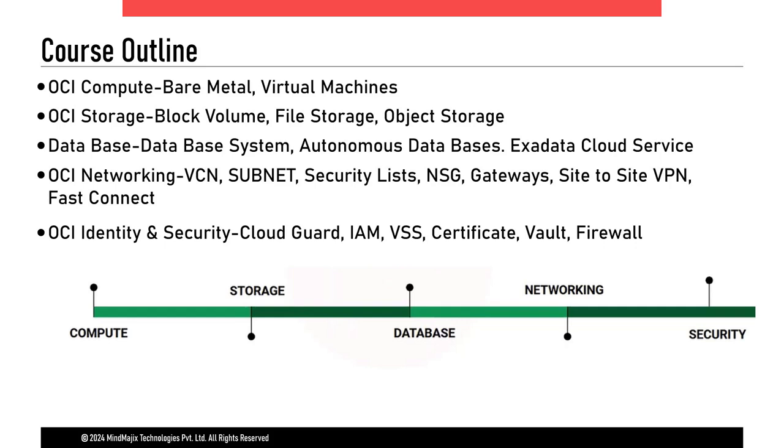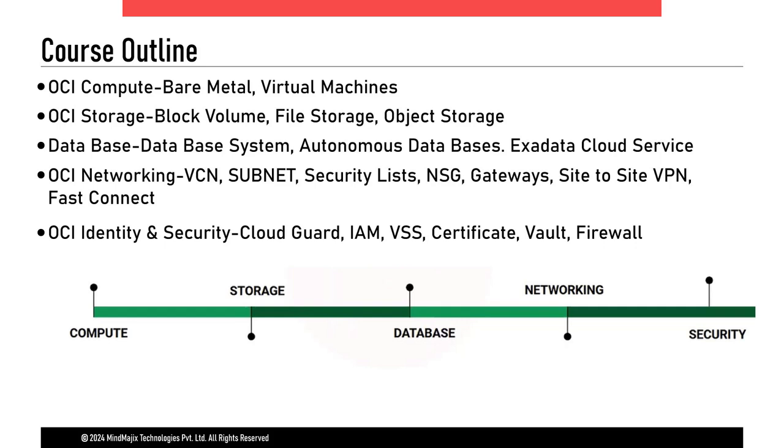We can create multiple virtual cloud networks within a single tenancy, and depending on the workload we can create multiple VCNs. For production we can create one separate VCN, and for non-production we can create a separate VCN, like that. So it depends on the client's workload, how we are segregating the workload, and how we are interconnecting the VCNs and all those things.